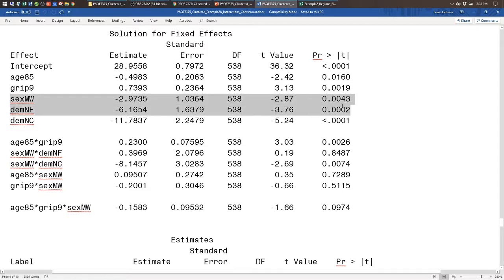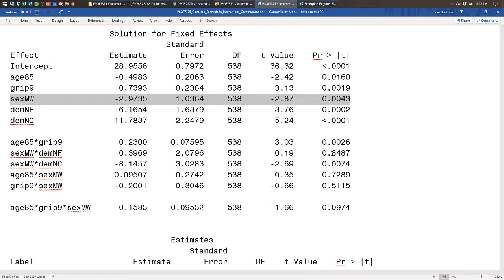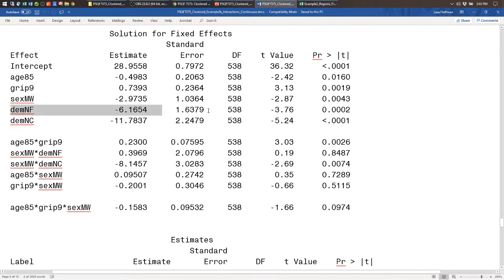So this gender effect right here, given the model, it is extra conditional. So it is specifically for people without dementia because of that sex by dementia interaction. It is also for 85-year-olds who have 9 pounds of grip strength. So that one has extra. How about these main effects of dementia?